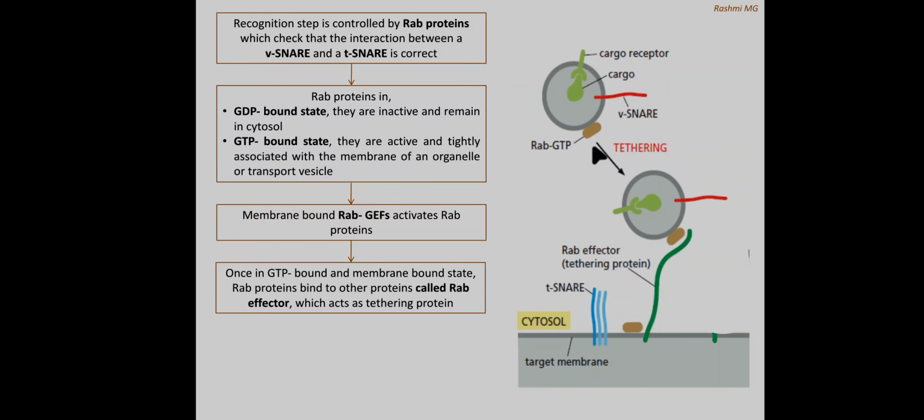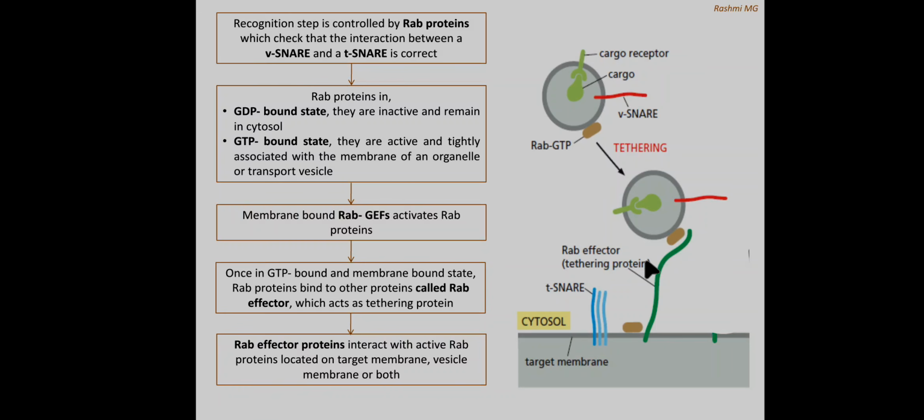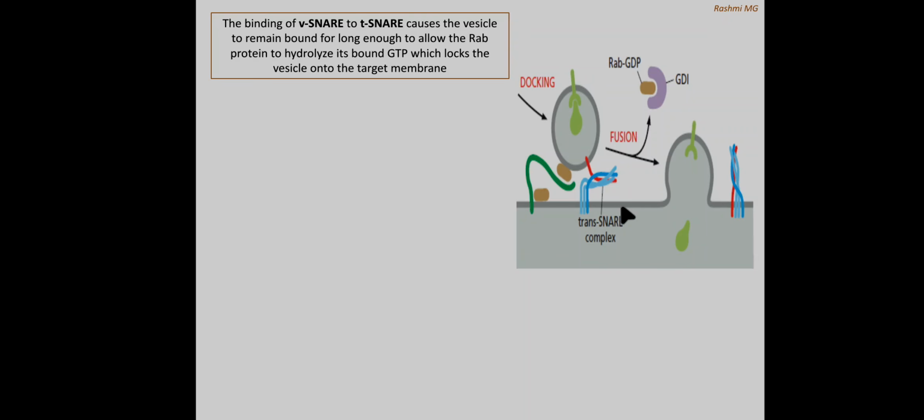So this Rab GTP will bind to this Rab effector, which acts as a tethering protein. Rab effector proteins interact with the Rab proteins located in the vesicle and in the target membrane. The binding of V snare and T snare, the red one and the other, is happening here.